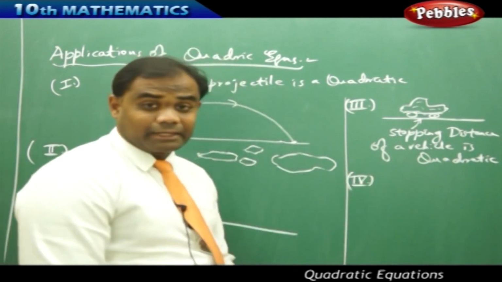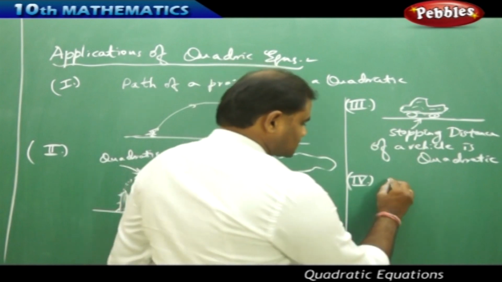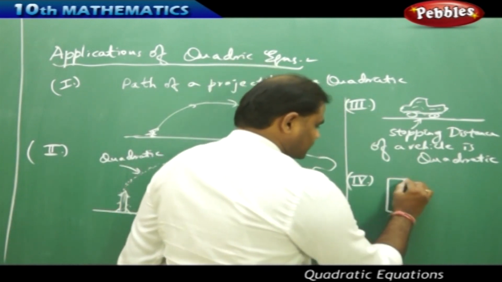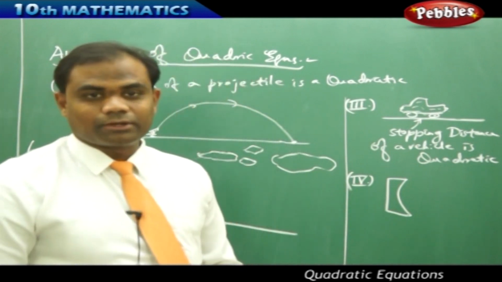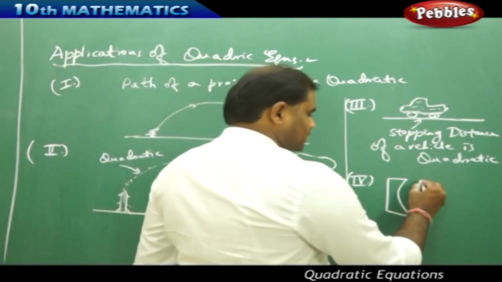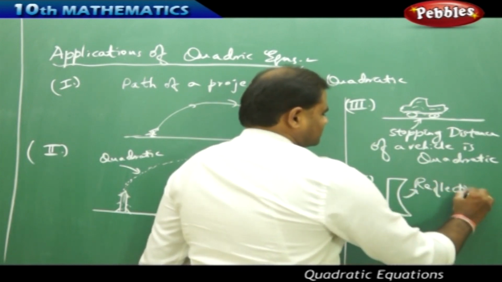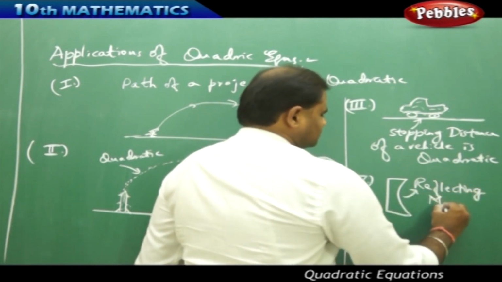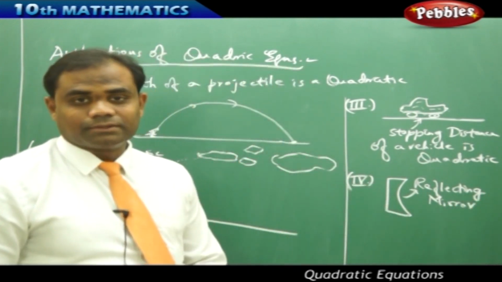We also have the reflecting mirror as one of the examples of a quadratic, because a reflecting mirror is generally convex in shape and plane on the other side. A reflecting mirror also represents a quadratic equation.